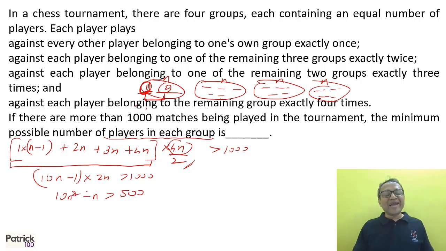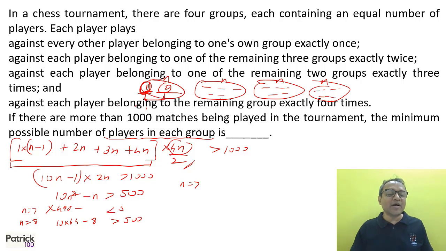Now try putting in values of n and see which value satisfies. If I put n as 7, for example, you get 49 into 10, 490. 490 minus n will not satisfy. If I put n equal to 8, it becomes 10 into 64 minus 8. The n equal to 7 case will be less than 500, and this will be more than 500. So the minimum number of players in each group will be 8. We get n as 8.